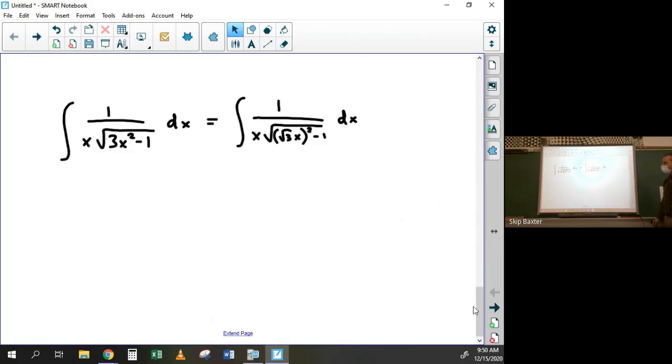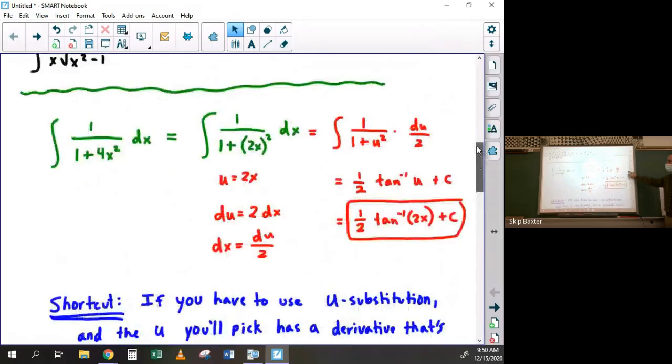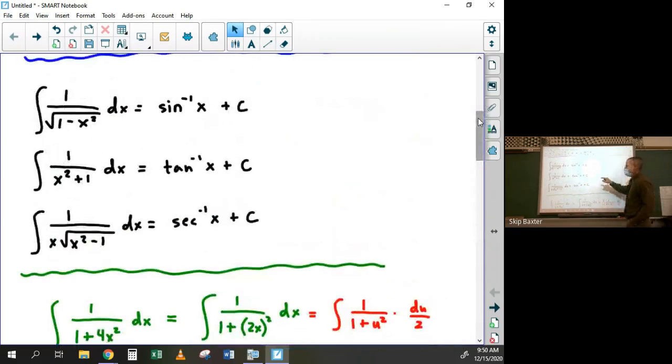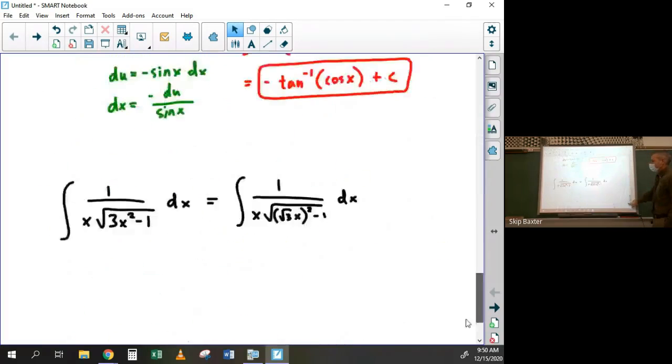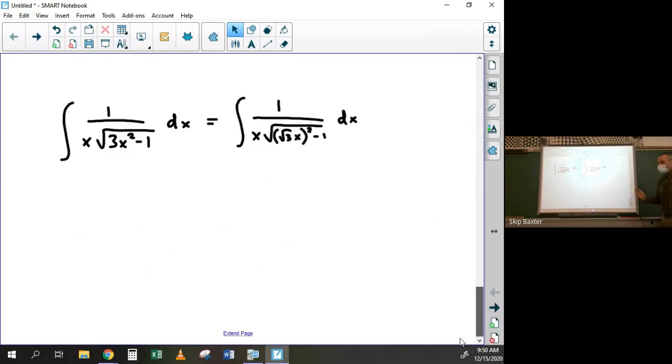Yeah, it kind of seems like it will be. I'm a little confused, because I'm not squaring the same thing here that I have out front. That's a little confusing to me, but let's just do it. Let's do u substitution and see if the shortcut applies. That's a good way to solve this.